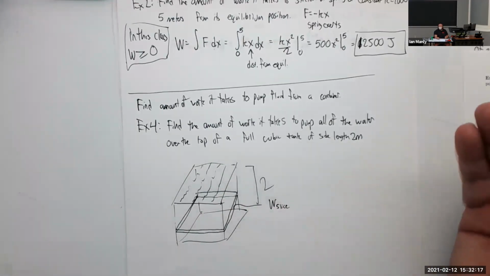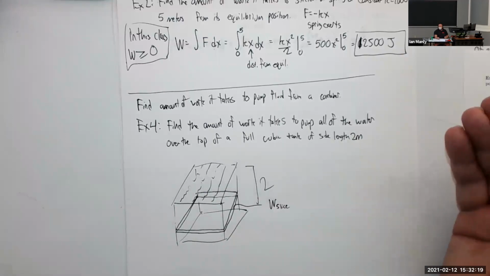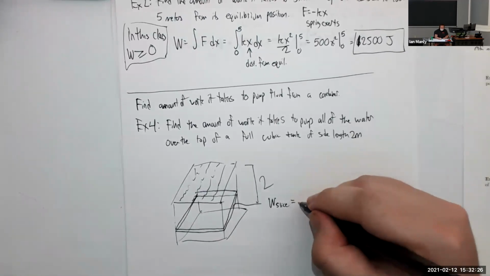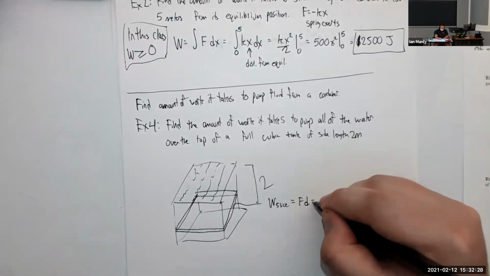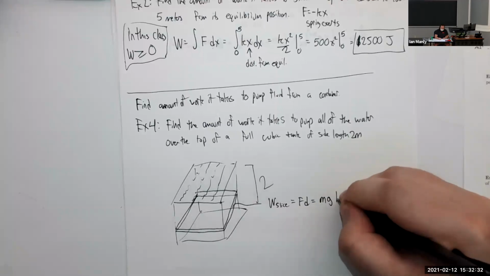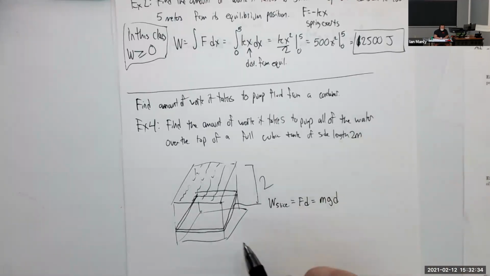Because what force are we fighting against for this one? Gravity, right? Water is pretty heavy, so we're fighting against the force of gravity. So we're doing the force times the distance. So we're going to do gravity, which is mg, times our distance. We're just going to see how much work it takes to move this slice over.